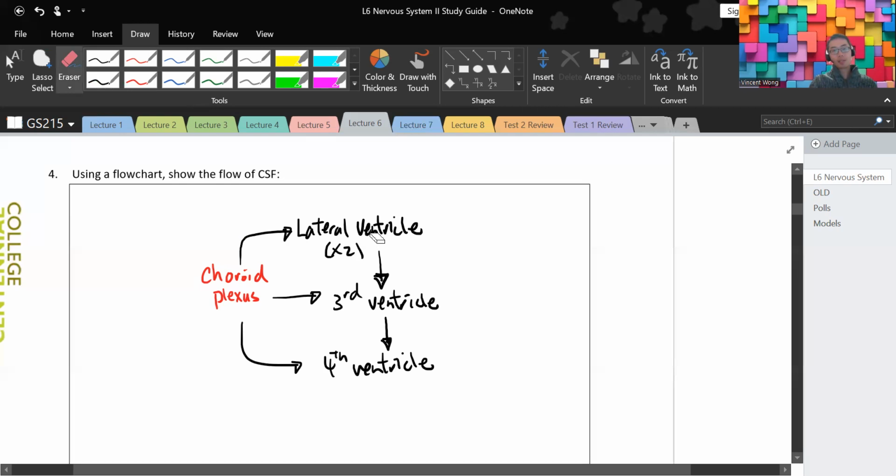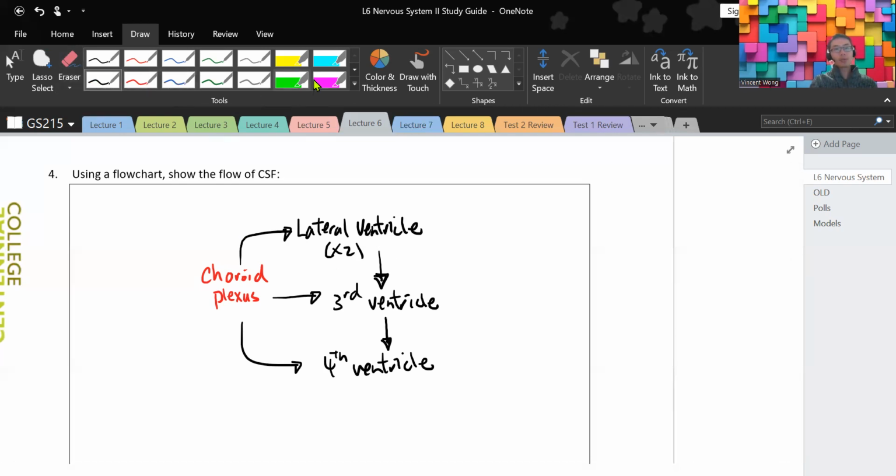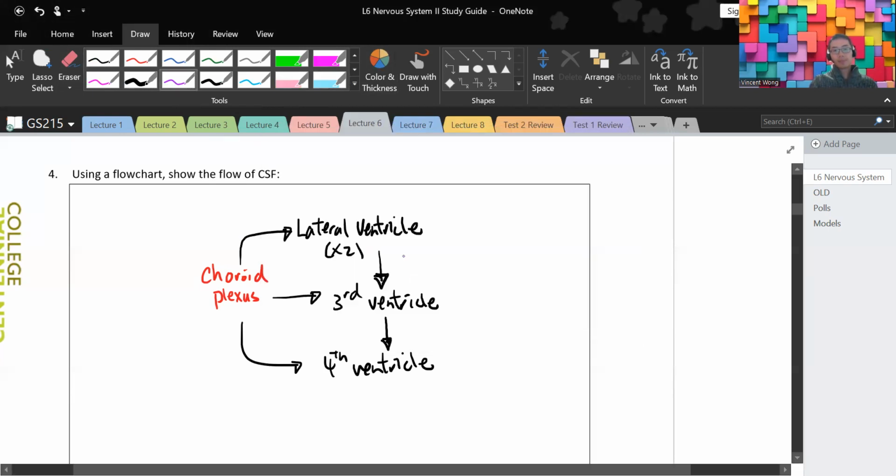To go from the lateral ventricle to the third, it goes through a tiny, tiny hole, the interventricular foramen. A foramen is a hole. This one connects the 2 ventricles together.